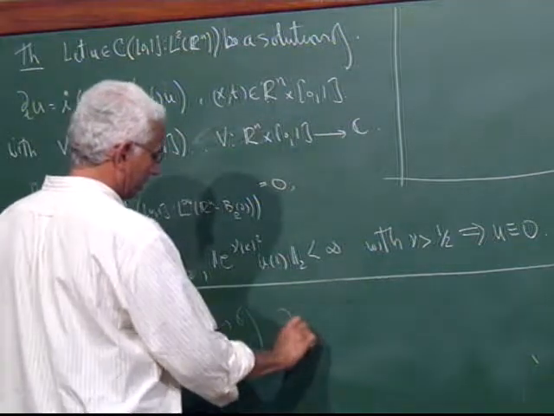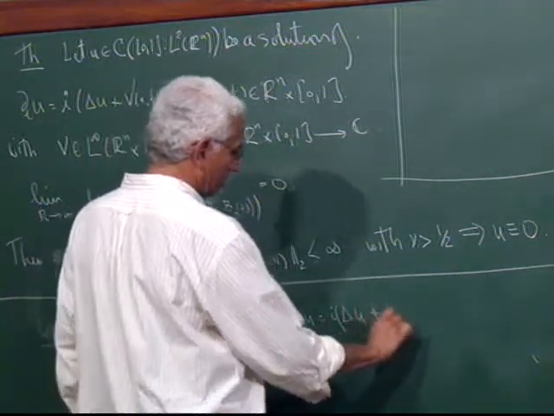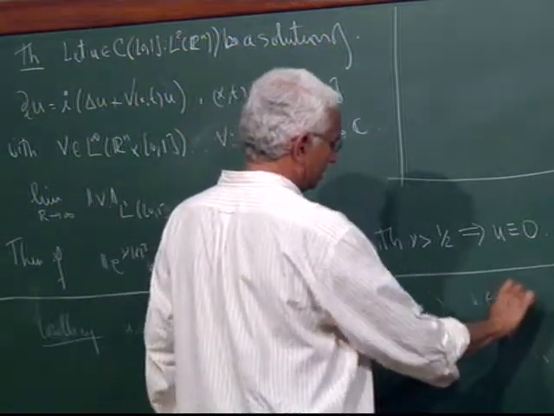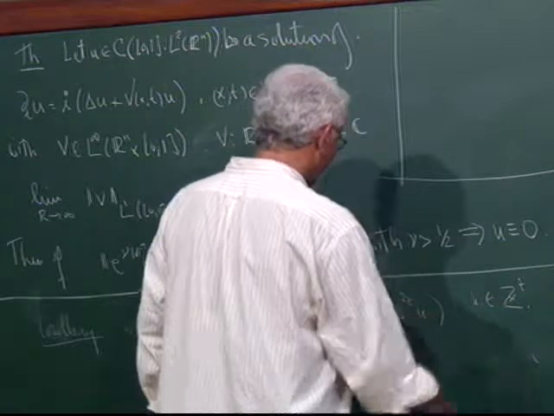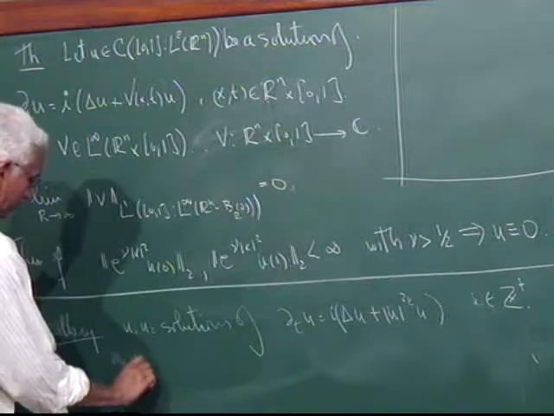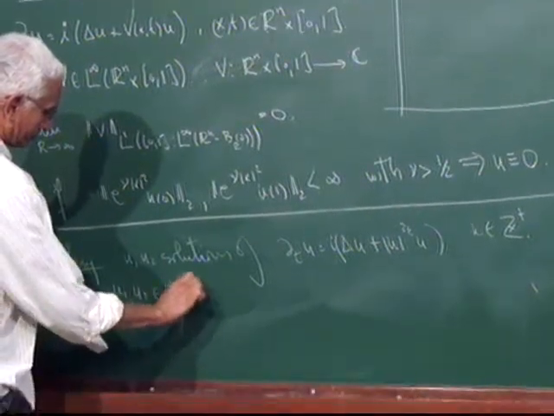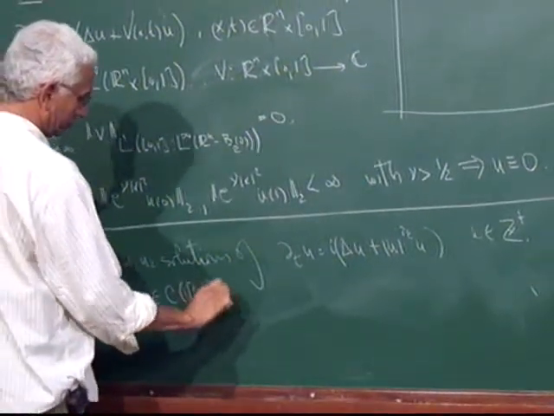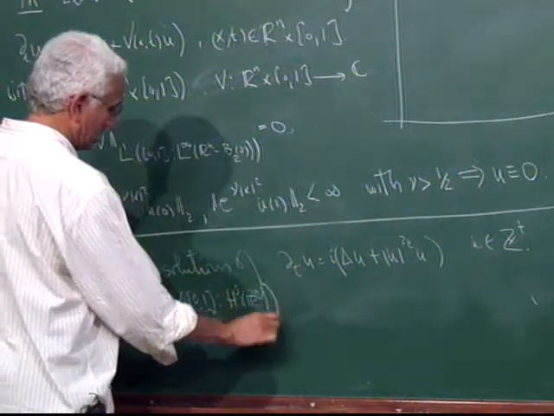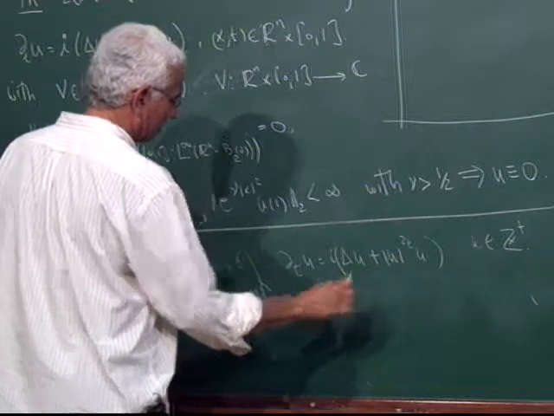If you have two solutions of dt of u_i, let me make our life simple, u, 2k, k an integer, positive. And suppose that u1, u2 belong to the continuous functions in H^s of R^n. Suppose that s is larger than n/2, maybe more than 1.